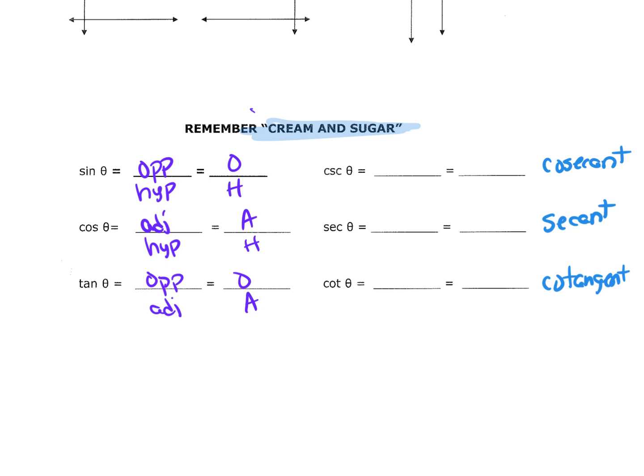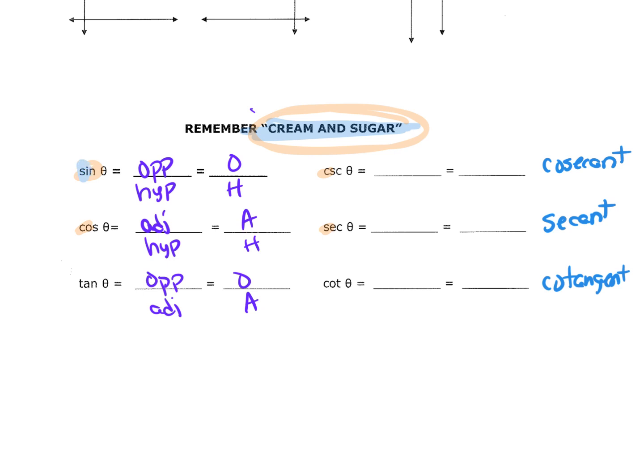But a suggestion in how you remember the sine and the cosecant, and then the cosine and the secant, is if you remember cream and sugar. So within each pairing, you need a C and an S. Okay, so here we have the S, we have the sine.